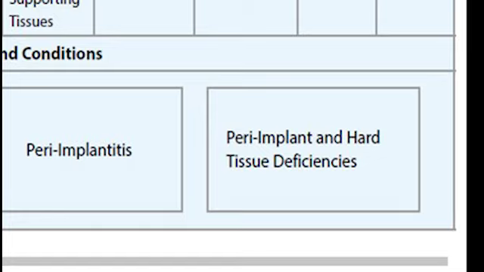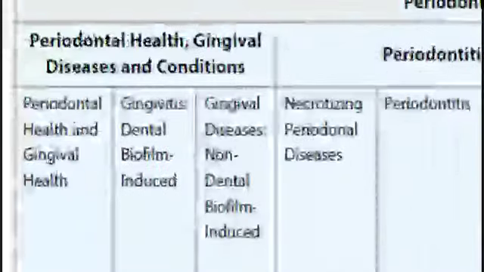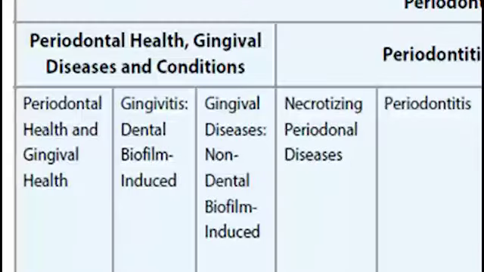If we go to the first one, in the first category there are three divisions: periodontal health and gingival health, gingivitis dental biofilm induced, and gingival diseases non-dental biofilm induced.